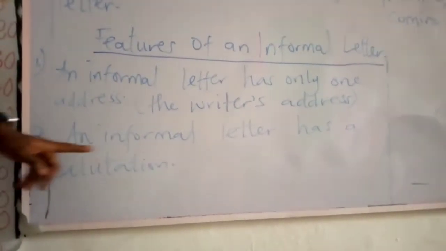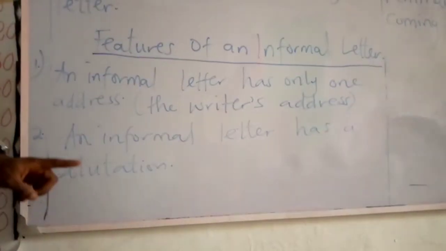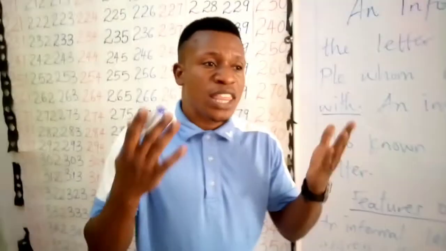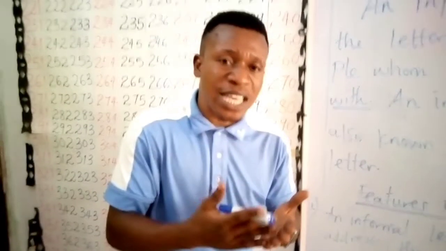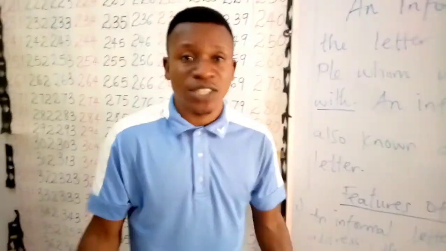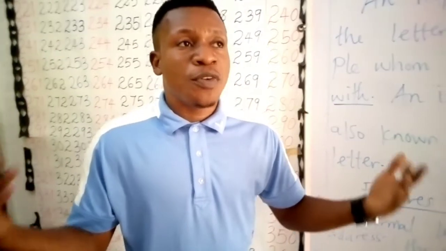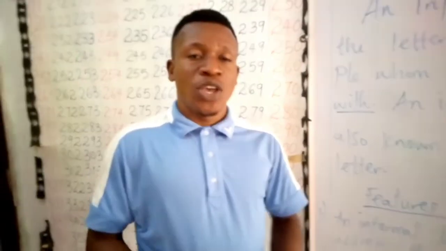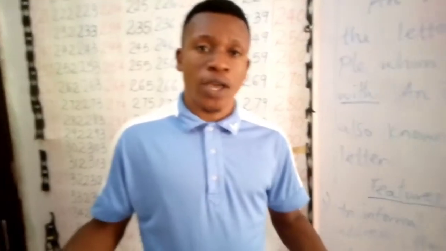Two, an informal letter has a salutation. What do I mean by salutation? There is a pattern of greeting when you're writing an informal letter. If you're writing to your friend, and if, for example, your friend's name is Joy, you say, Dear Joy.